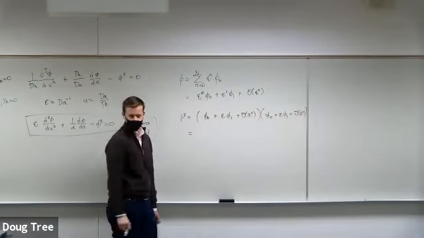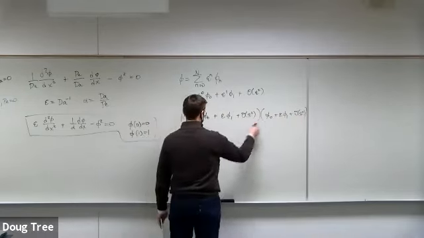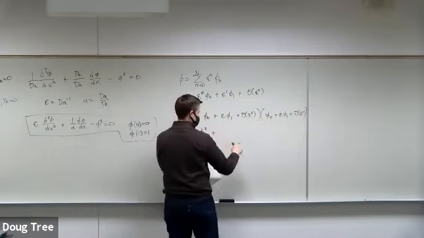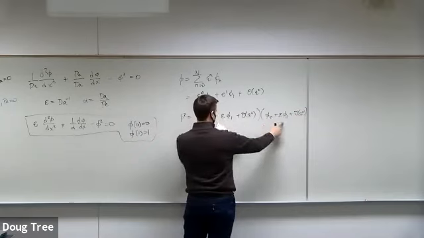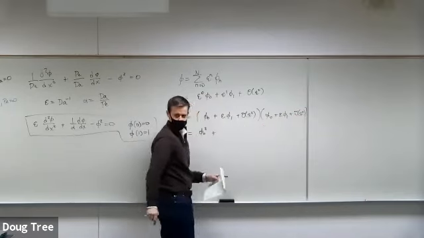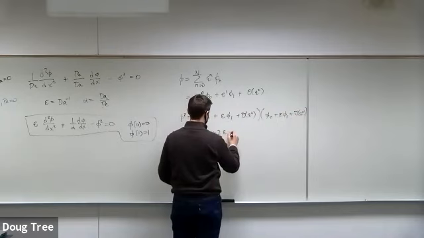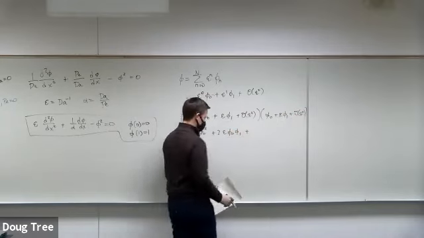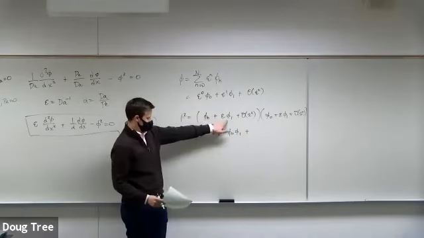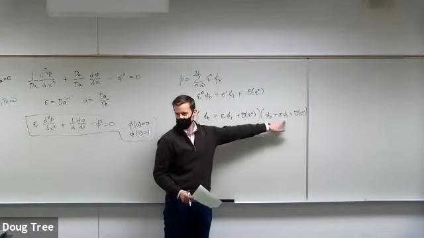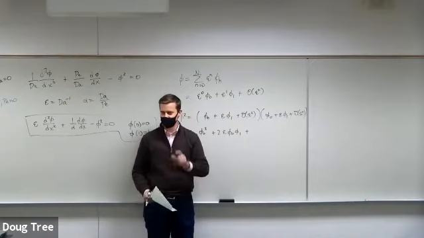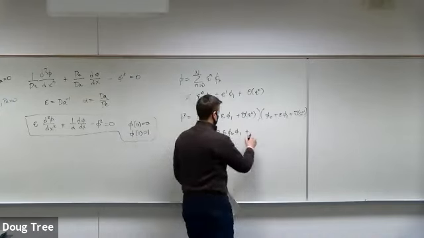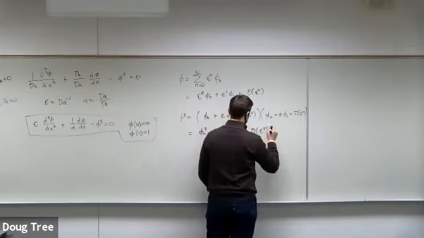This is just algebra, so I'm going to get phi 0 squared plus, and I'm going to get two of these, one on the inside and one on the outside, so 2 epsilon phi 0 phi 1, plus, when I multiply the phi 1 by the other phi 1, there's 2 epsilons, so I get an epsilon squared, and I don't care about things epsilon squared or higher, so I can just say order epsilon squared.